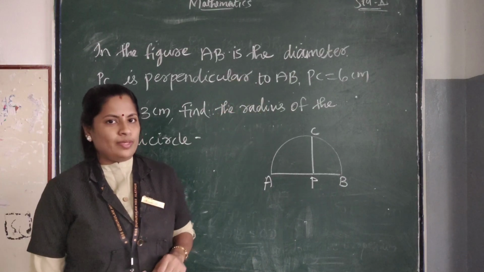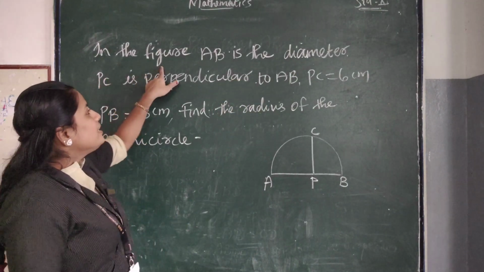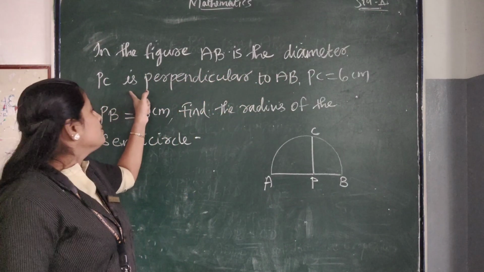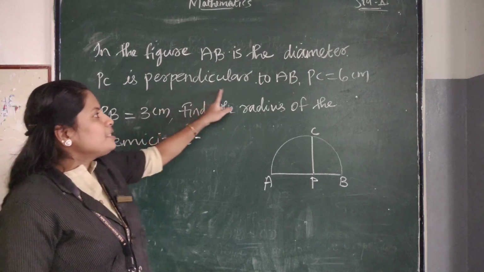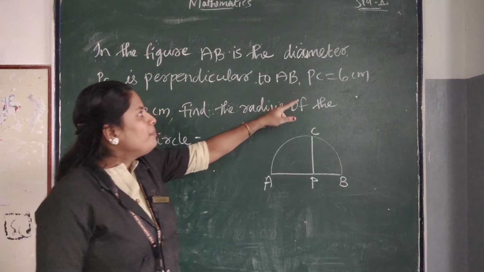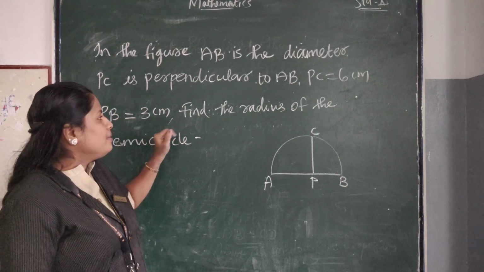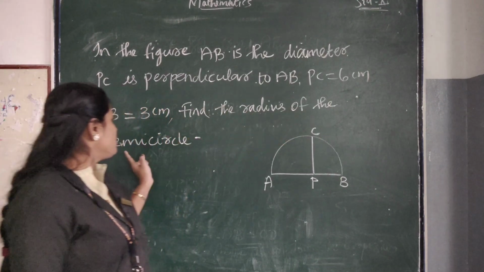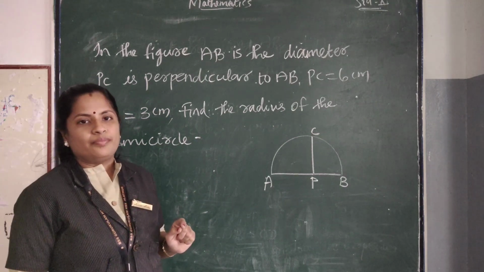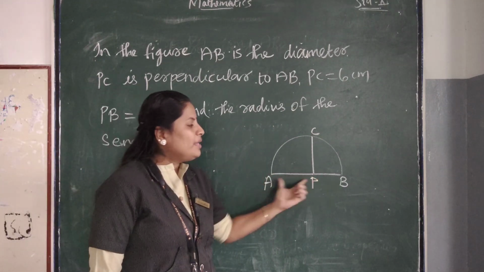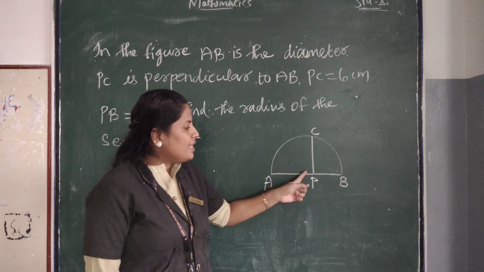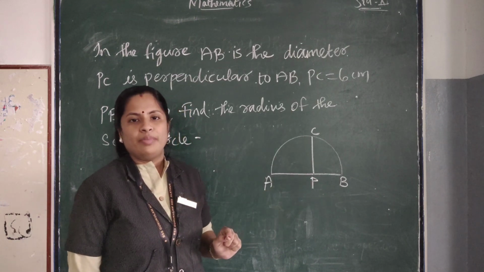Shall we move on to the topic? Let's do a problem. In the figure, AB is the diameter, PC is perpendicular to AB, PC equal to 6 cm, PB equal to 3 cm. Find the radius of the semicircle. Okay, so here AB is the chord, PC is perpendicular to AB.